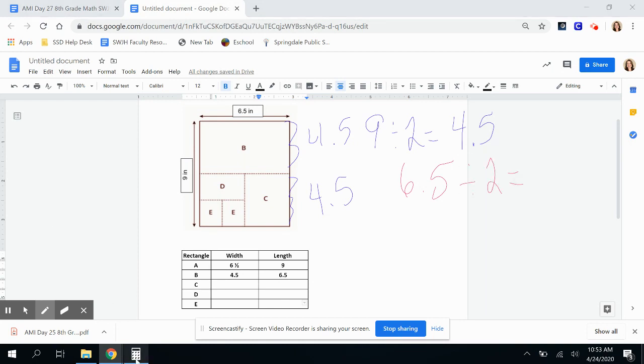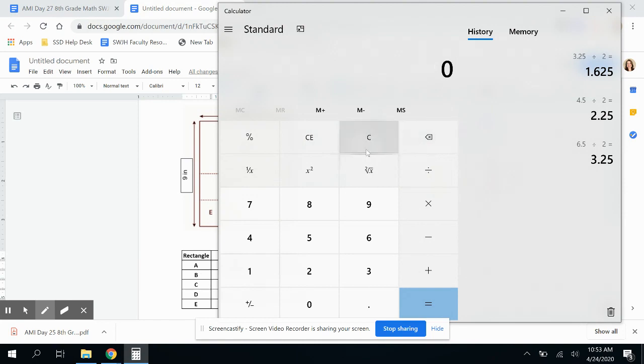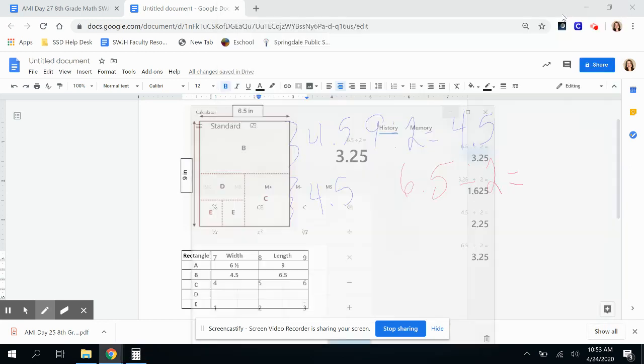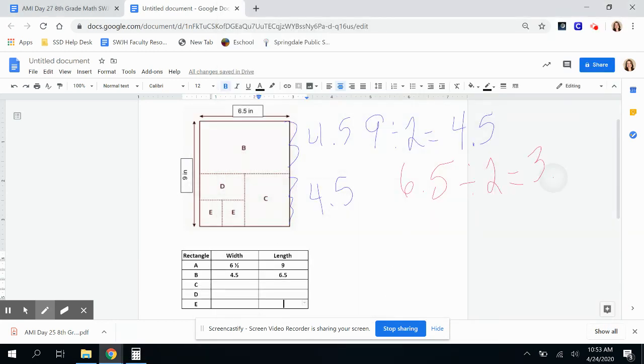I'm going to use our calculator for that. 6.5 divided by 2 is 3.25. So this is 3.25, and this here is 3.25.